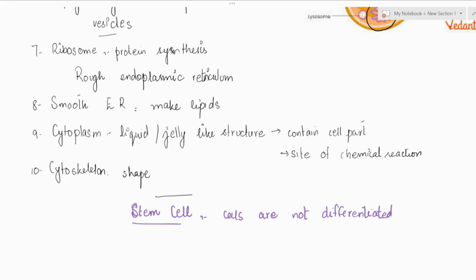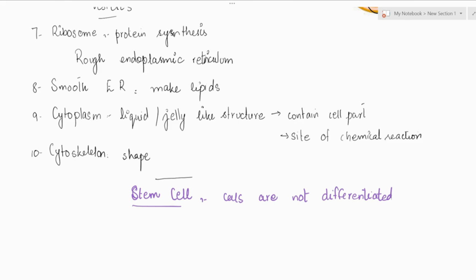Let me give you an example. Let's talk about the human embryo. What parts develop from this embryo? The nervous system, all the organs, lungs, heart, everything develops from that. Even the blood cells.